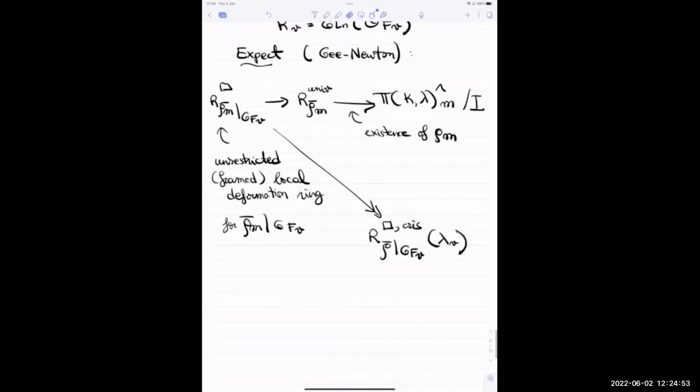So this is the quotient where the characteristic 0 points, let's say E' valued points, are crystalline with Hodge-Tate weights determined by lambda_v.